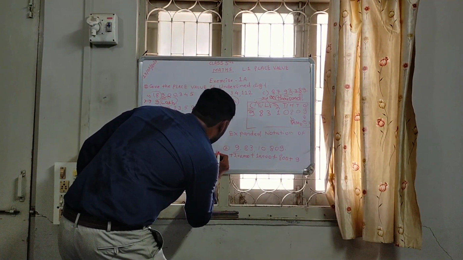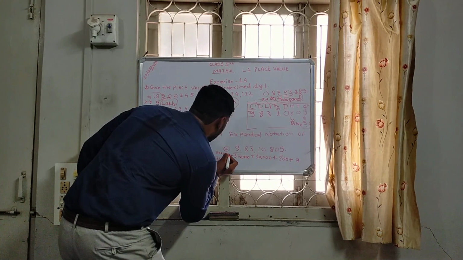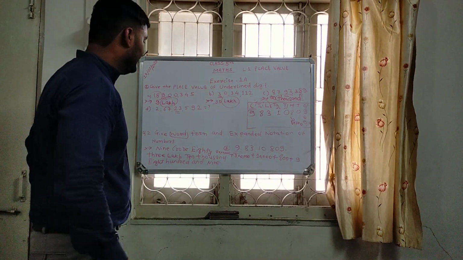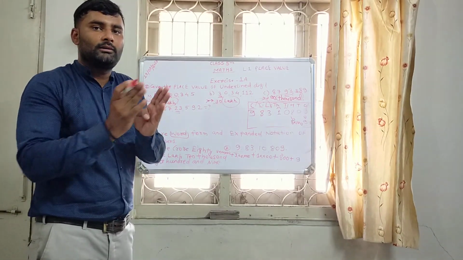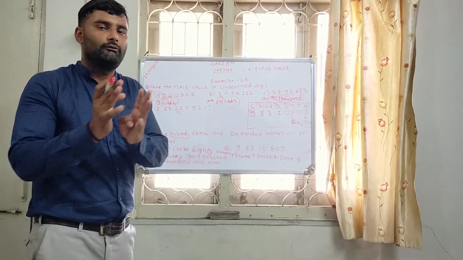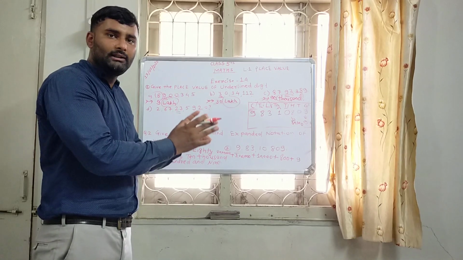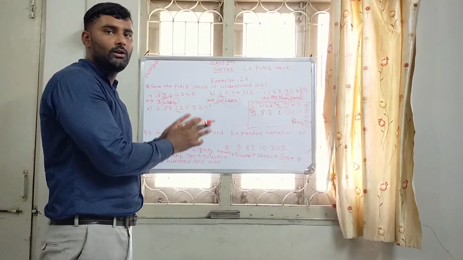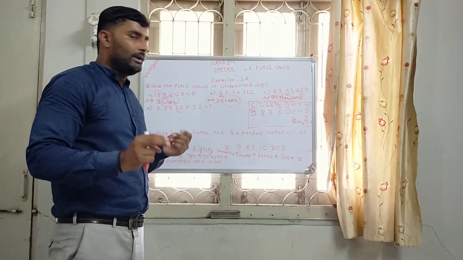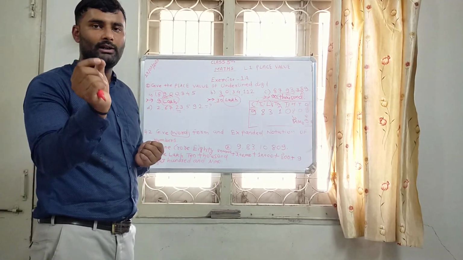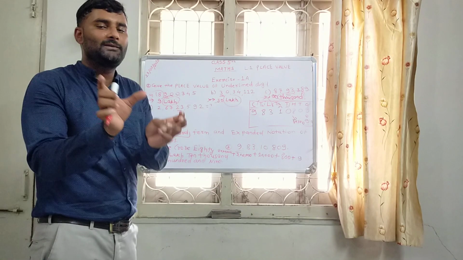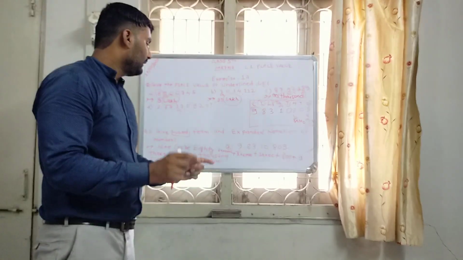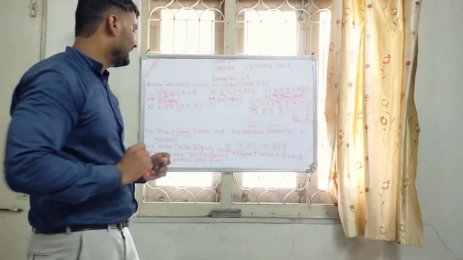So 80 lakh. While separating the thousand period, ones period, lakh period or crore period, you have two options. You can put commas, or instead of commas you can put spaces for easiness of reading that number.